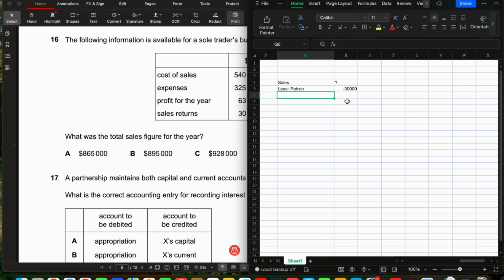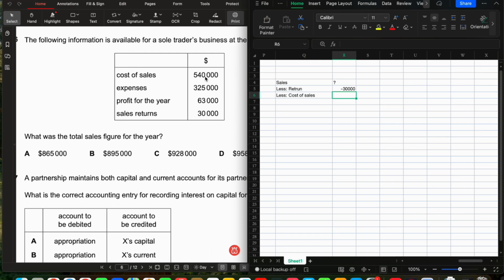Okay, we subtract it from there, and once we get the net sales, from that net sales we subtract less cost of sales. And cost of sales here is 540,000. So minus 540,000.